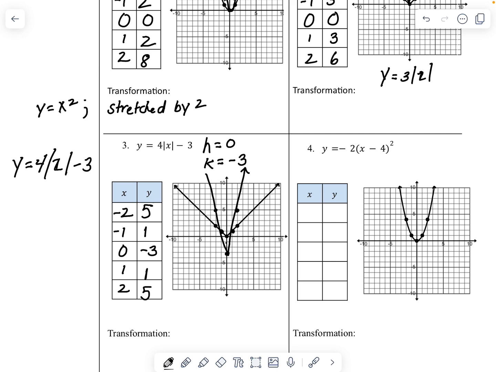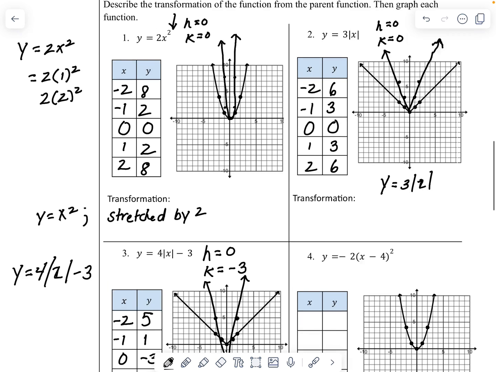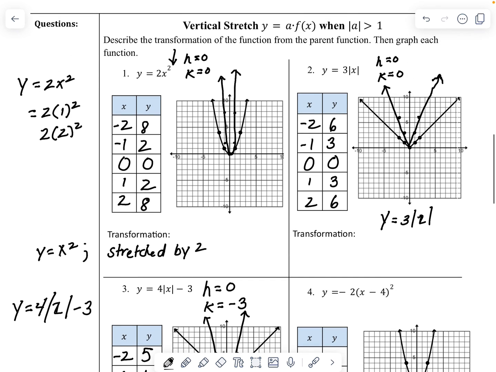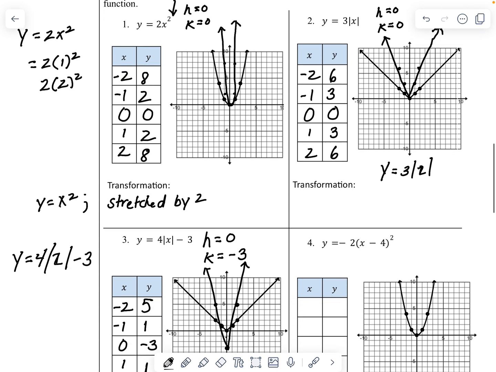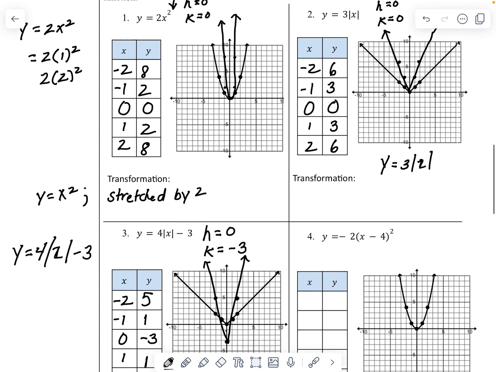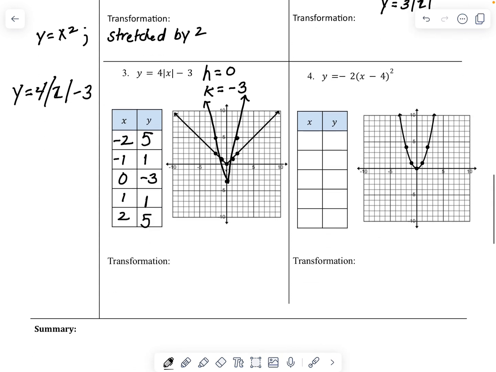So unlike the first two, because we had a k, well, we stretched it with our a, but we also shifted down. So that's why we ended up here.